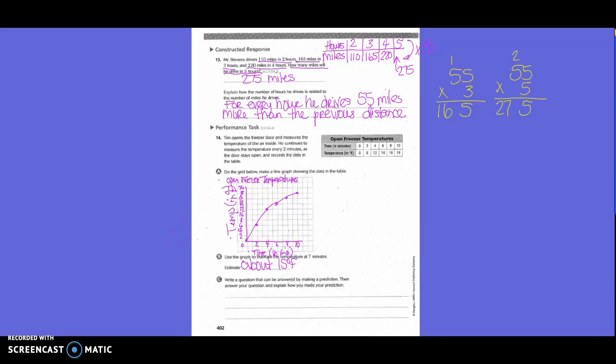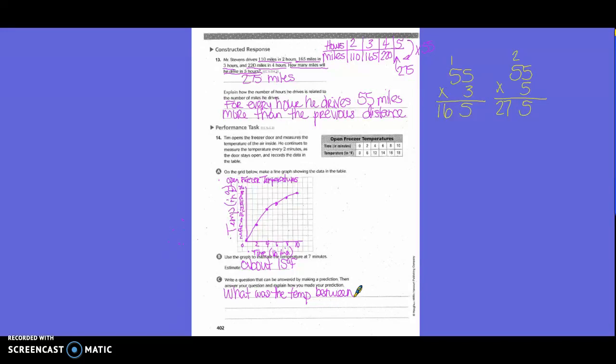Write a question that can be answered by making a prediction. Then answer your question and explain how you made your prediction. So what would be something else we could do? Could we say maybe what was the temperature between what time?